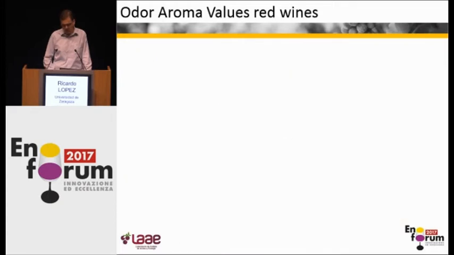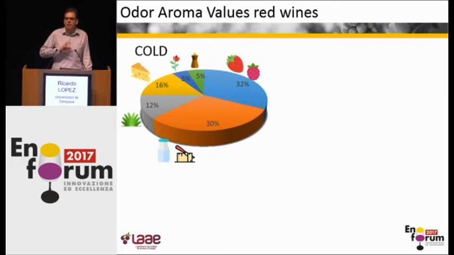Okay, so let me show you the data. In this figure, we have the sum of all the odor values that were above 1, grouped by chemical families and expressed as a percentage. These are the results for the red wine stabilized with cold treatment. As we can expect from a young red wine, it was dominated by fruity aroma, lactic notes, and herbaceous, and some other minor notes.